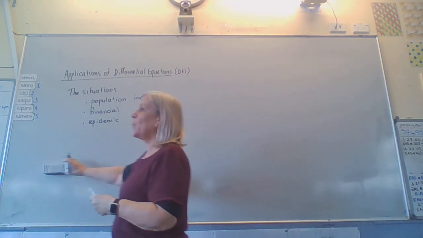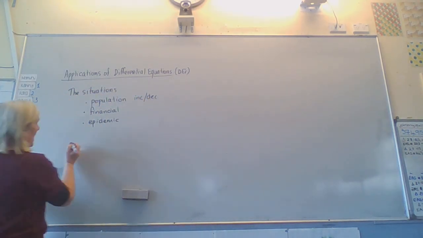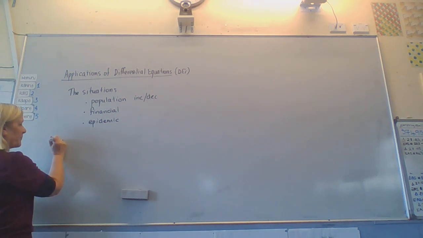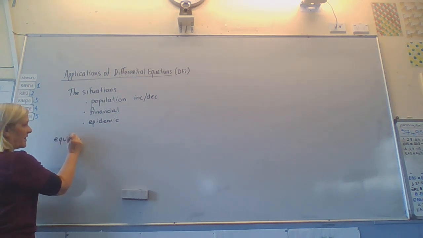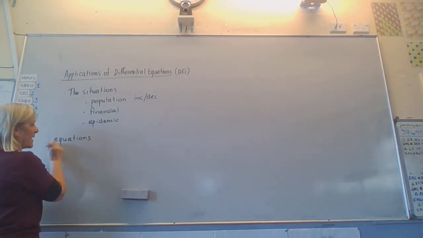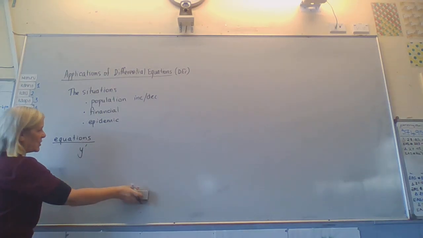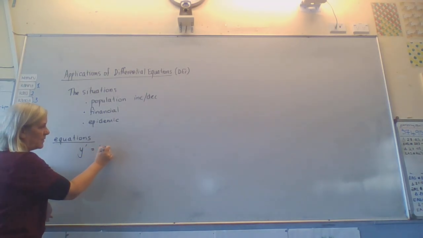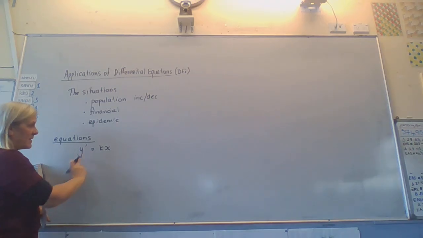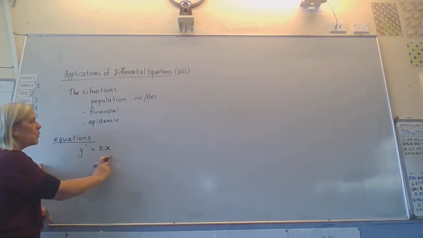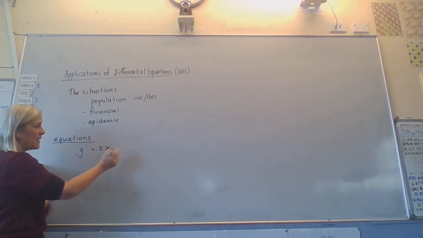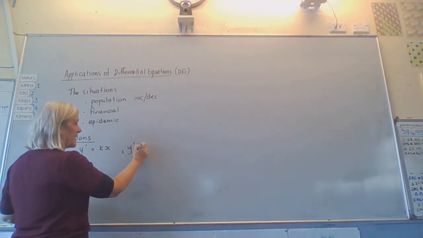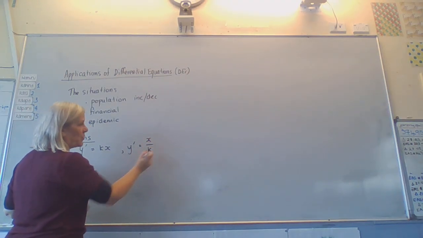All right, the equations that go with this come looking something like this, and because we are talking about rates of change, it's a derivative. So we can have this as proportional. That says that something is changing proportionally according to x. Or we can have this one, inversely proportional.